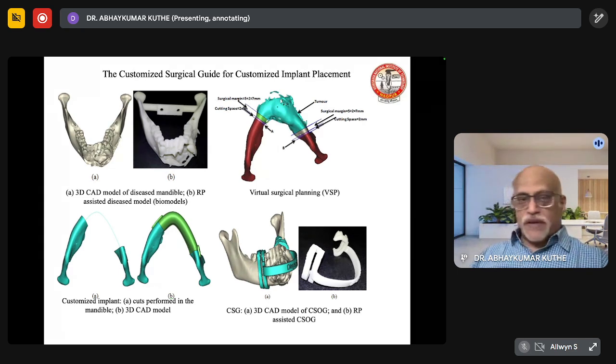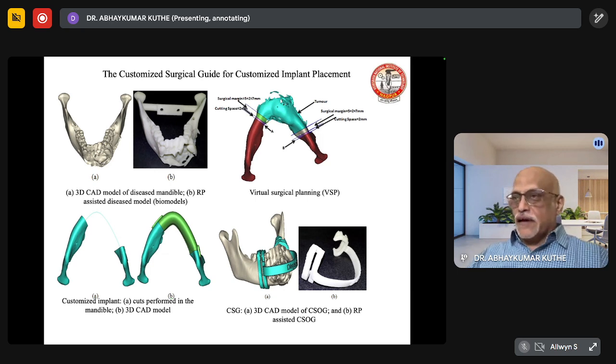So this is one of my PhD students who worked on it, because he saw how difficult it was for the surgeon to resect the particular part suffering from the tumor, and then ultimately find the perfect implant to be fitted there. He studied all these things thoroughly, and then developed a surgical guide.